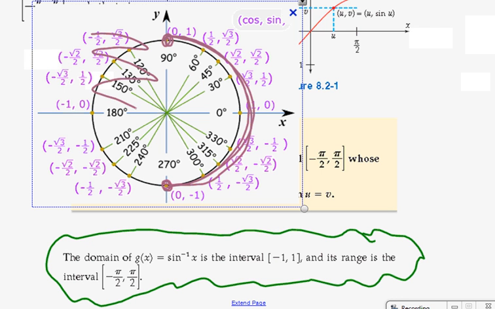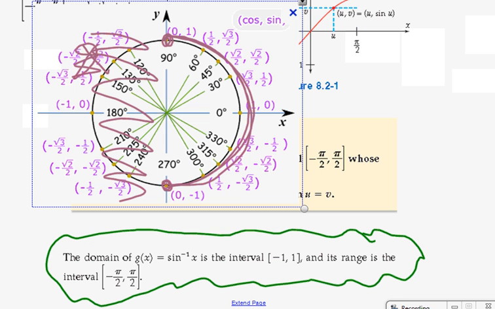Anything that's over here in the second and third will not be a solution on an ArcSin value because it's outside of the range for the inverse function. So you need to make sure that you know that. So if it asks what is the ArcSin of root 2 over 2, you don't tell me that it's 3 pi over 4, because 3 pi over 4 is going to be right here, and that's outside of the interval for ArcSin.